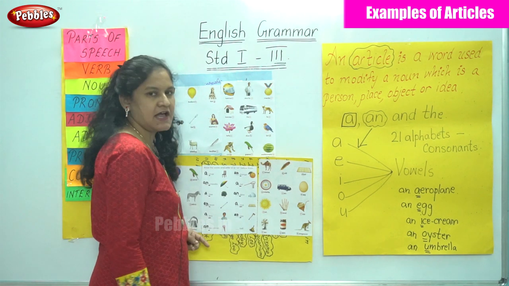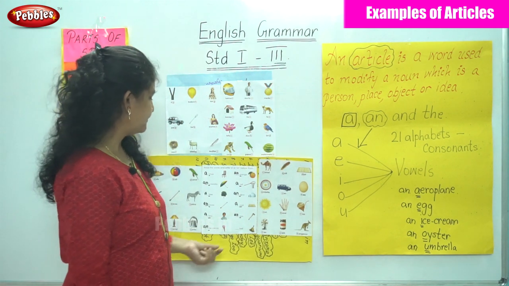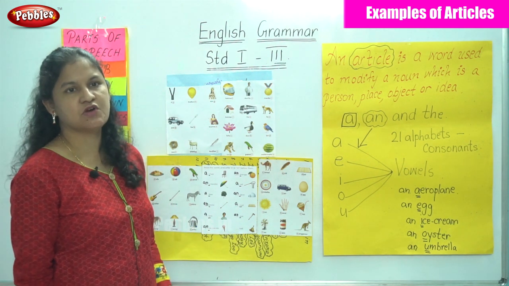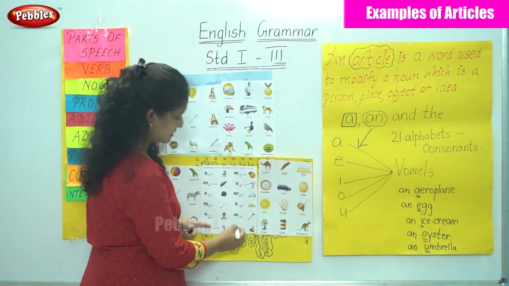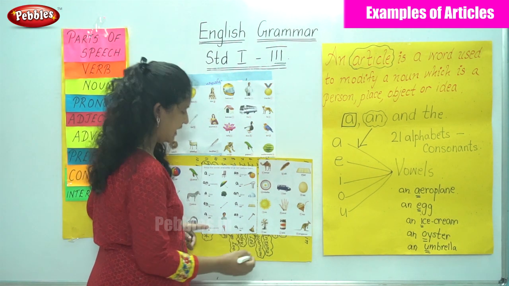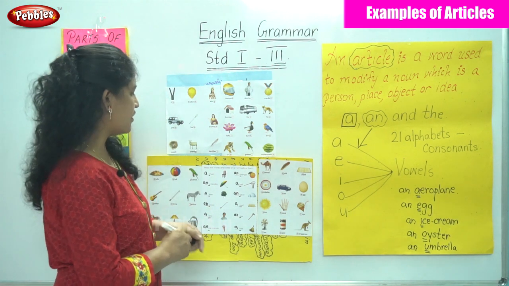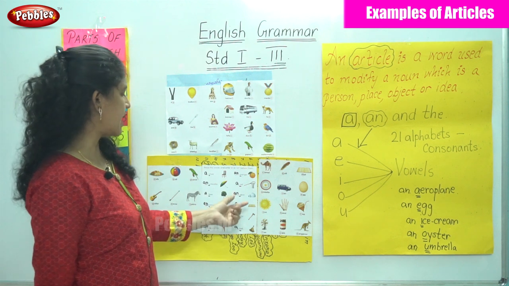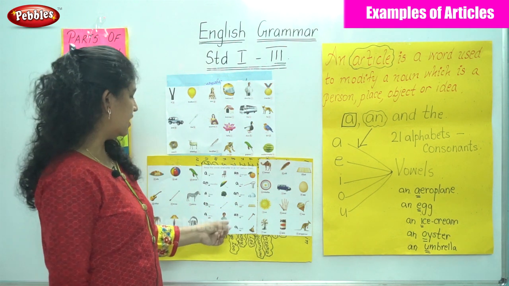The woodcutter has an axe. And the last word bell. The word bell begins with the consonant B, so I use the article a bell. So an orange, a net, an igloo, a mat, an axe, a bell.